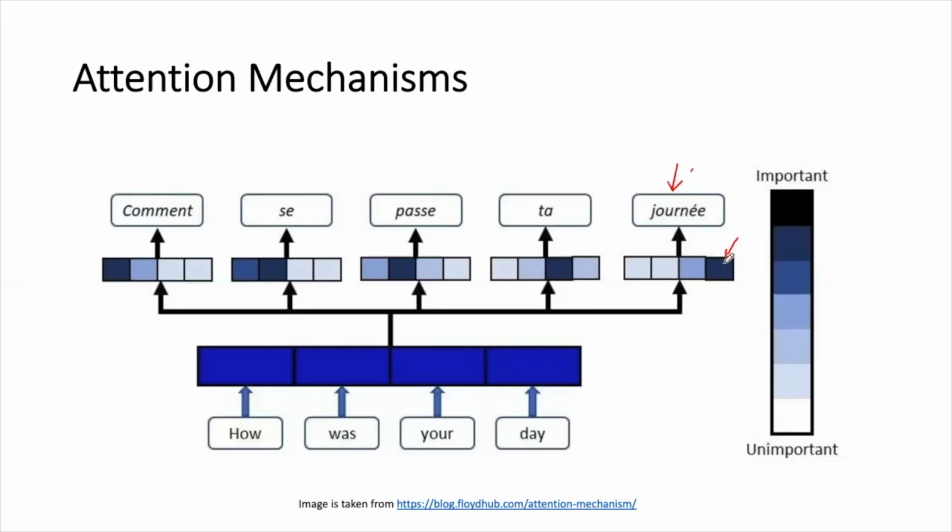That's what this illustration shows. The last word, day, has a high score. For example, this one is 0.8, the rest of them are 0.1, 0.05, and 0.05. The other words don't get much importance. Basically, "how was your" don't get much importance here, but the word day gets a high score. So that is the goal of our attention mechanism.